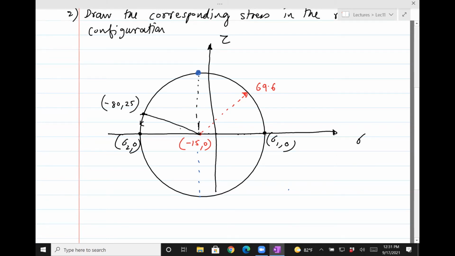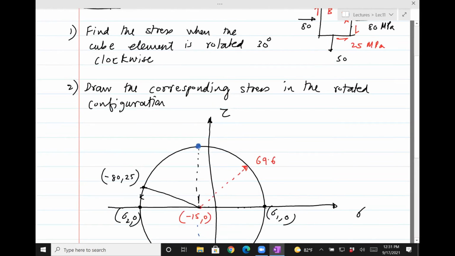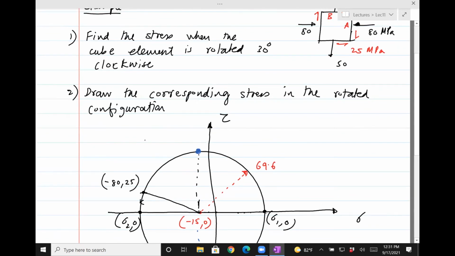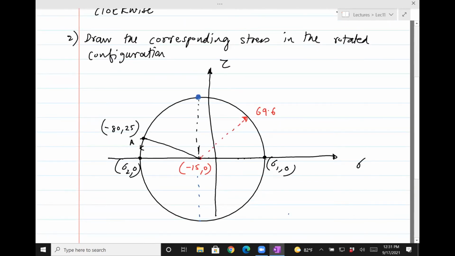Okay, so now the question says, rotate face A or the cube by 30 degrees clockwise, which means that rotate face A by 30 degrees clockwise. So all I need to do is rotate face A on the Mohr circle by an angle twice what is on the element. So twice of 30 is 60. So I need to rotate this by 60 degrees. It turns out that 60 degrees is actually something like this.